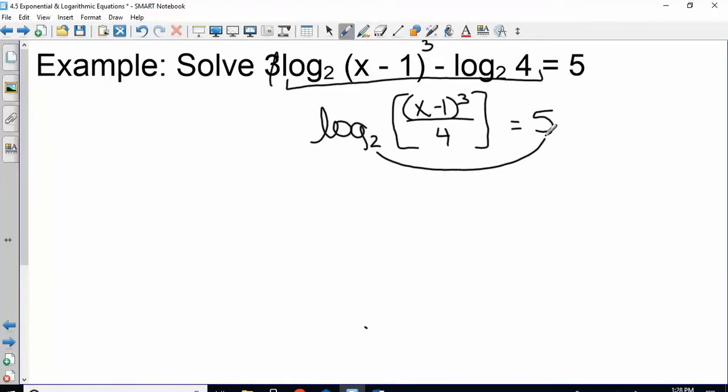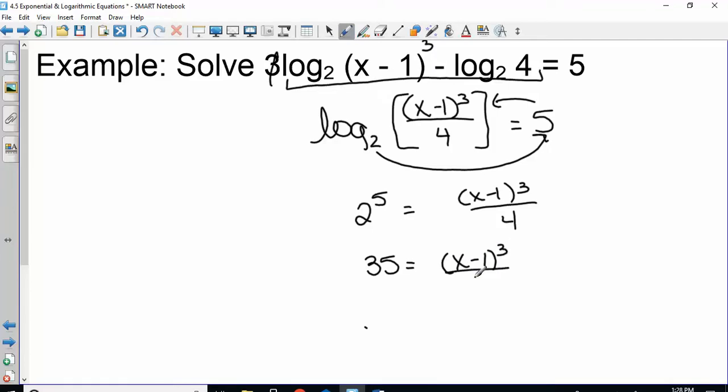We changed it to exponential. So 2 to the 5th equals x minus 1 cubed over 4. So 2 to the 5th is 32. So we can multiply by our 4 now.